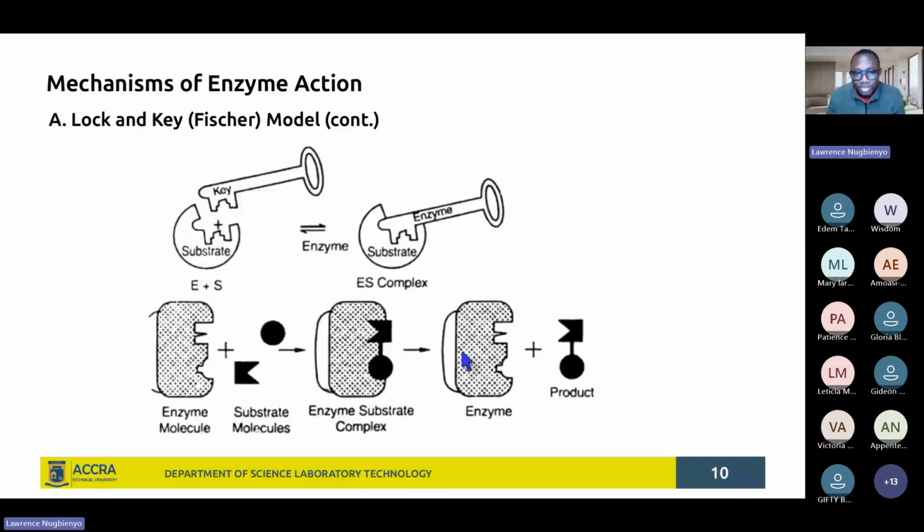So we see the product at the end, which is separated from the enzyme. So the enzyme is free. You now have a free enzyme that can continue to act on more substrate molecules that are present, and you have your free product. So that was the full proposal from Fisher.